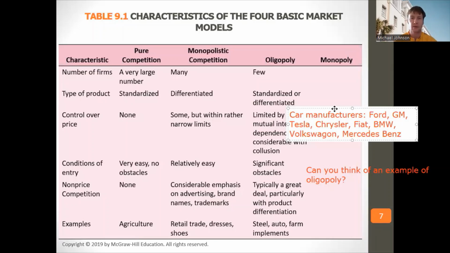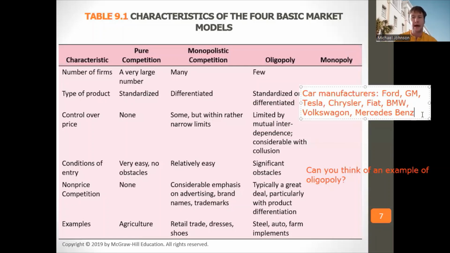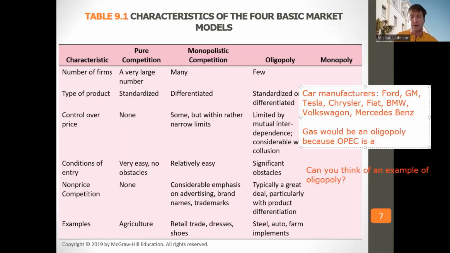Wasit, that's excellent. And then gas stations, Sherry. Yes, gas would be an oligopoly because OPEC is a cartel.